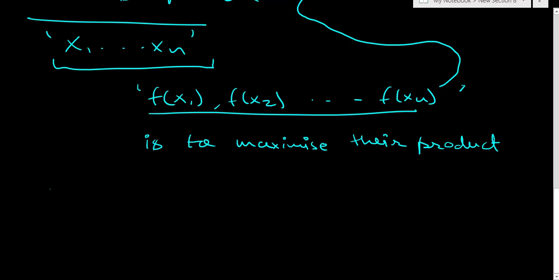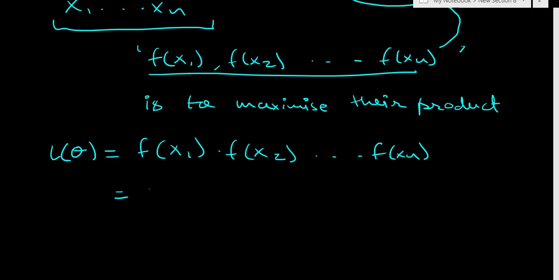In order to do this, a function called the likelihood function is constructed, and that function is nothing but the product of all the probabilities. So the probabilities for x going from x1 to xn are all multiplied. Using product notation, this is written with the big pi sign, which denotes a product, of i going from 1 to n of f(xi).